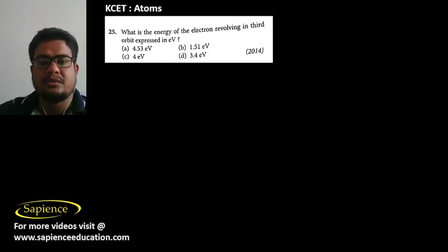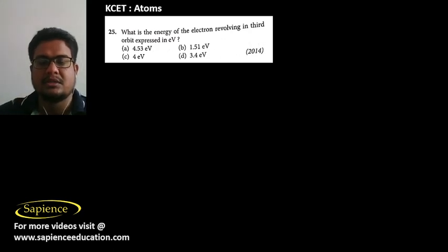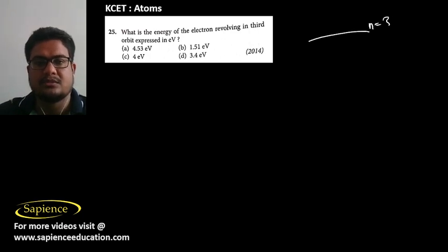And in question number 25, it is told, what is the energy of the electron revolving in the third orbit expressed in electron volt? So here we need the energy of the electron in the third orbit, means at n equal to 3.